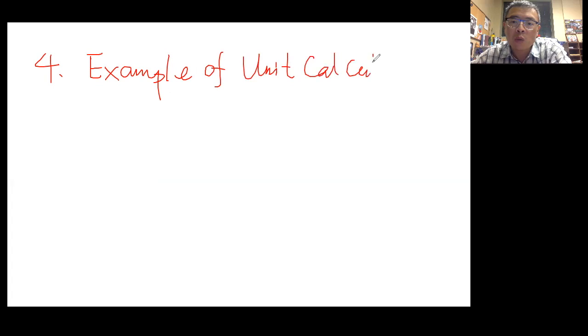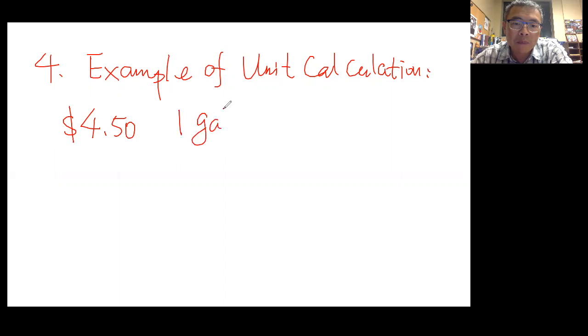Let's say you go to Walmart and you want to buy some milk for yourself. Now, what do you see? There are all kinds of brands there. For one of them, you see that the price is $4.50 for 1 gallon of milk.